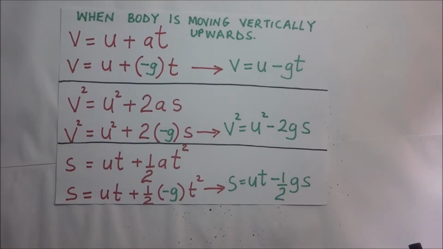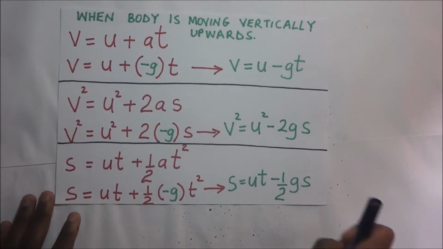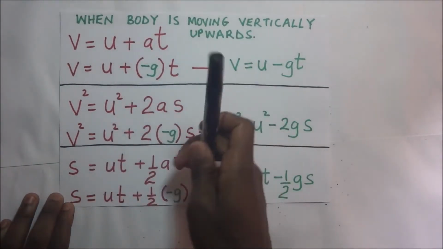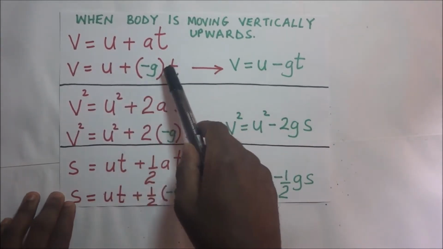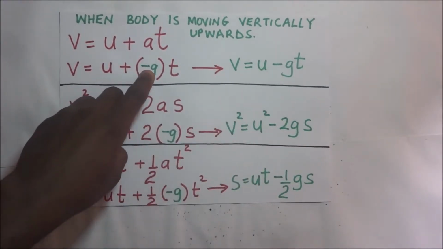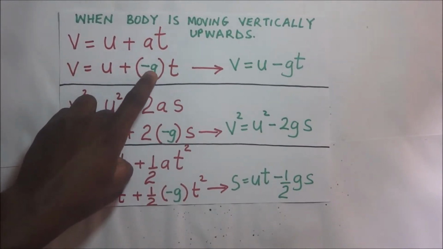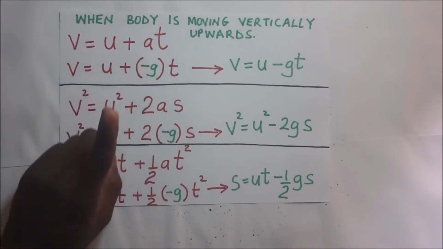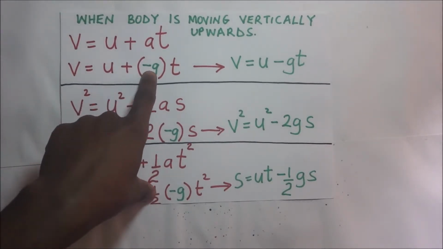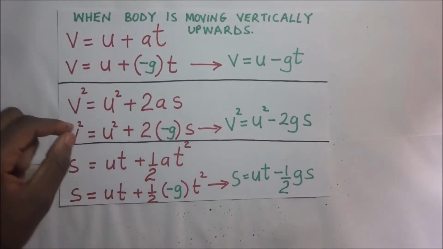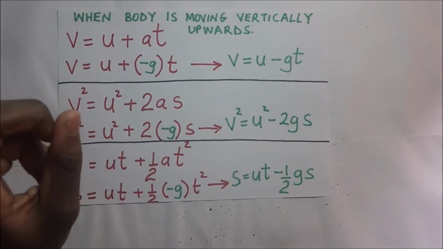So because its velocity keeps reducing, when you are throwing a body and it is moving vertically upwards, away from the earth, its acceleration due to gravity will be negative g. Why? Because as you're throwing it upwards, it is decelerating. Its rate of change of velocity is reducing as it's going up.